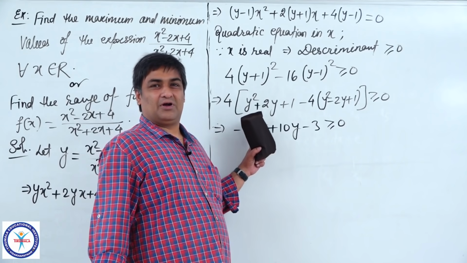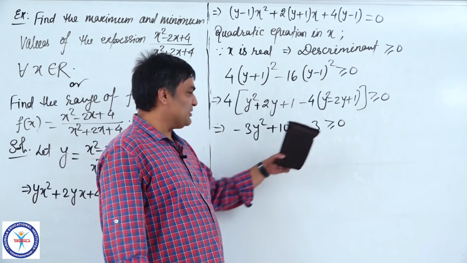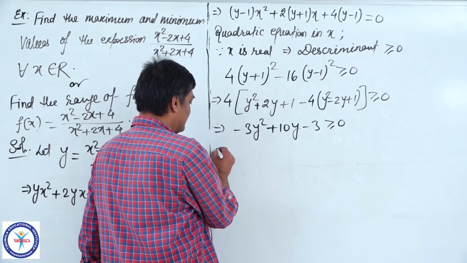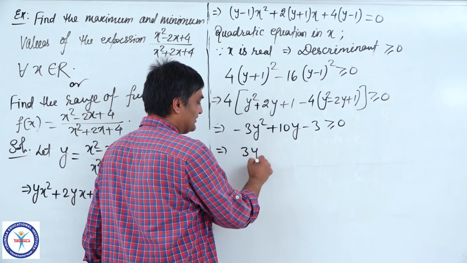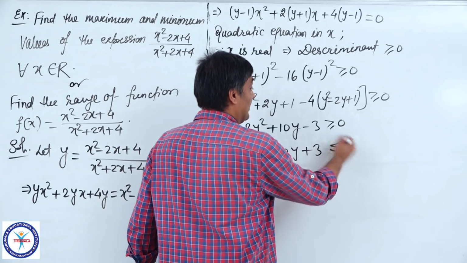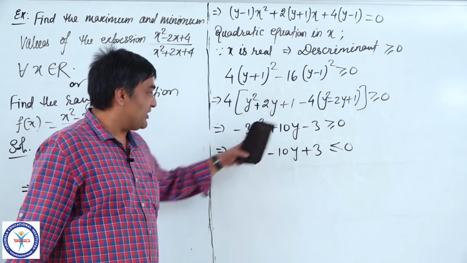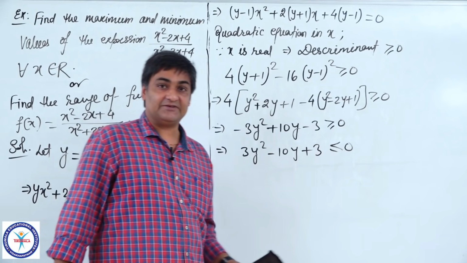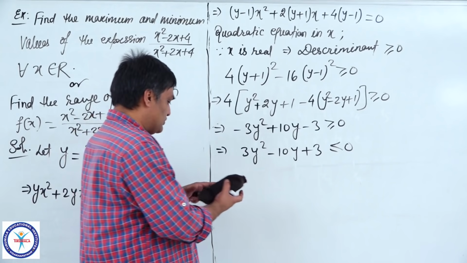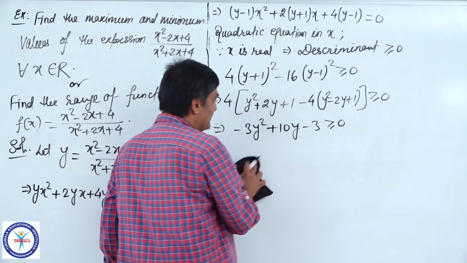Now, if you are bored with so many minus signs, we can also write this inequality as 3y square minus 10y plus 3. Why? Because multiplying by a minus sign changes the inequality. Even if you do not do this, it is okay.